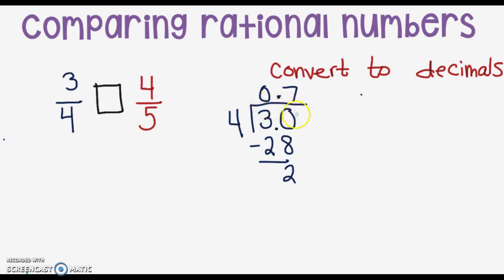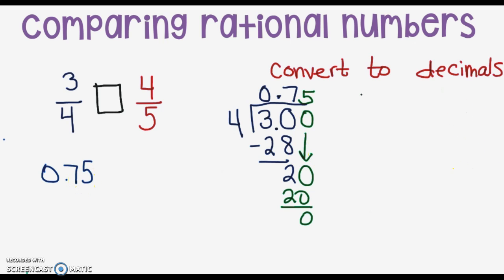Now again, we need another placeholder here. You can bring that down. 4 doesn't go into 2, but if we bring down this 20, 4 goes into 20 5 times. 5 times 4 is 20, and you're left with a remainder of 0. So what do we know right here? We know that we can write 3/4 as 0.75.